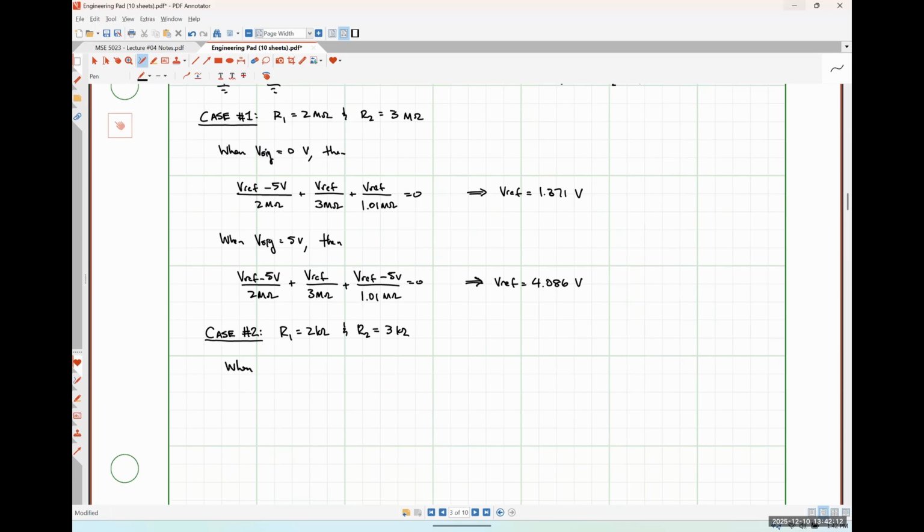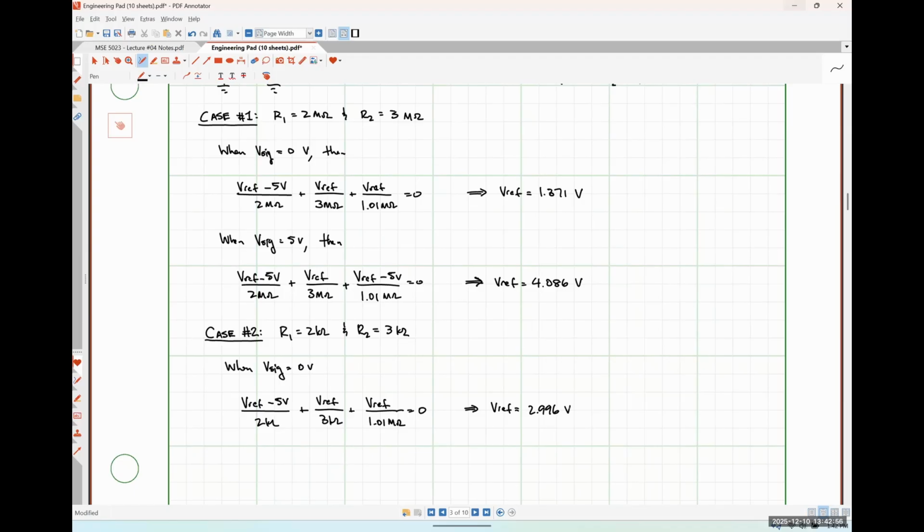So when V sig is equal to 0 volts, we're going to wind up having (Vref minus 5 volts) over 2 kilo ohms plus Vref over 3 kilo ohms plus Vref over 1.01 mega ohms, that branch to the input of the op amp does not change, is equal to 0. And this gives us a reference voltage of 2.996 volts.